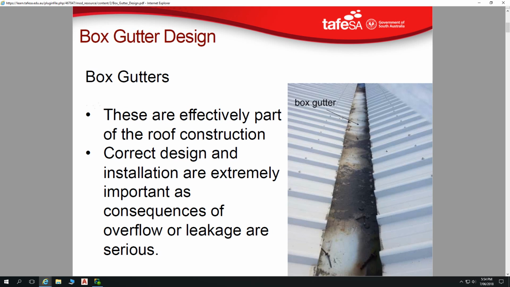Now 150 millimetres, that's reasonable, but once we start going to 250 millimetres to accommodate our fall, then we've got fairly long cleats, etc. So the accommodation of a box gutter which starts up at this height and then ends up at that height over only a 20-metre run and 150 millimetres high, that's a pretty low box gutter as well, just means that you've got to pick your sheeting up quite high.